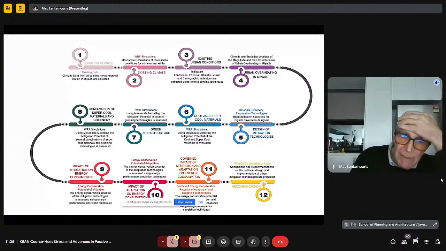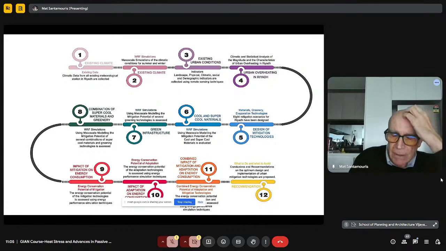So we have implemented mesoscale simulations in order to evaluate the climatic conditions during the summer and the winter period, and we have designed WRF, a mesoscale model, for the whole city.